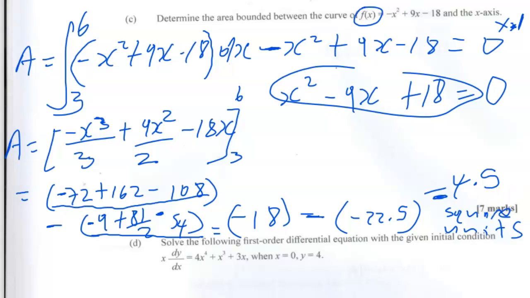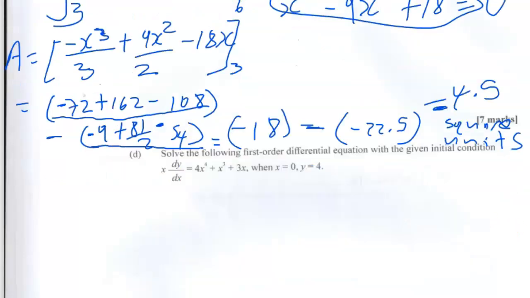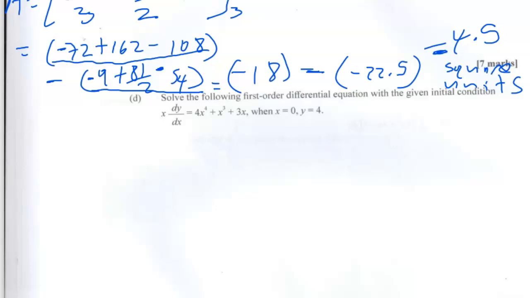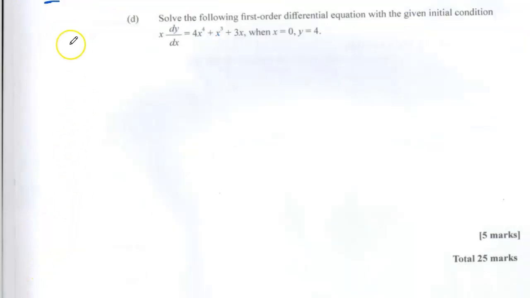And the final part of the question: solve the following first order differential equation with the given initial condition. So we have x times dy by dx equal to 4x to the power of 4 plus x cubed plus 3x.